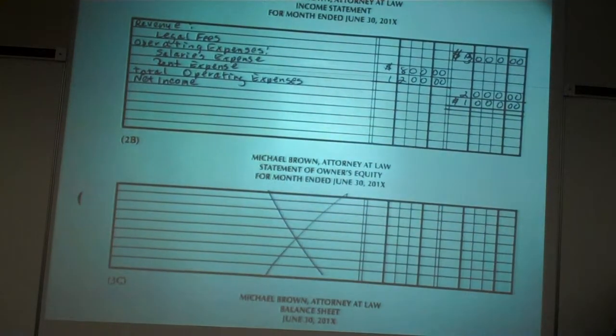I've made it large so it doesn't fit exactly on the screen up here. It's Michael Brown, comma, attorney at law, income statement for the month ended June 30th, 2015. Let's put our revenue in first, and it goes over to the left margin.